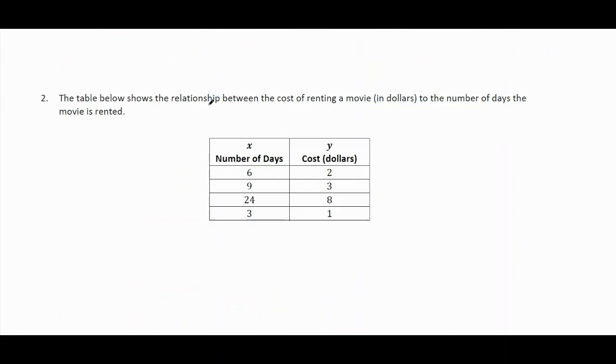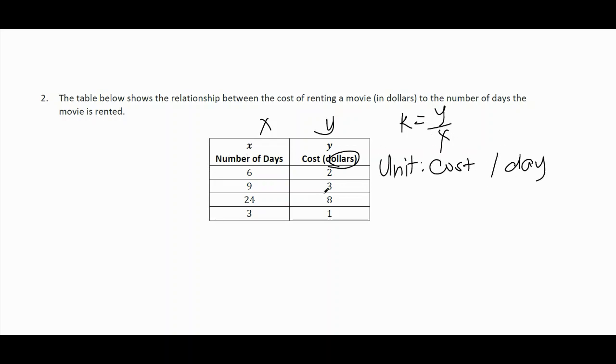Next, this one. So again, y over x. Our unit is going to be the cost in dollars per the x, which is the number of days, so per day.